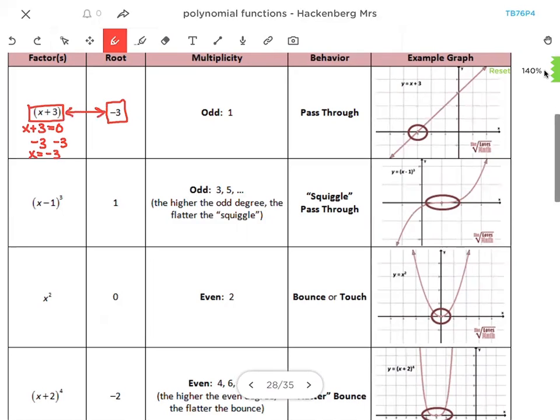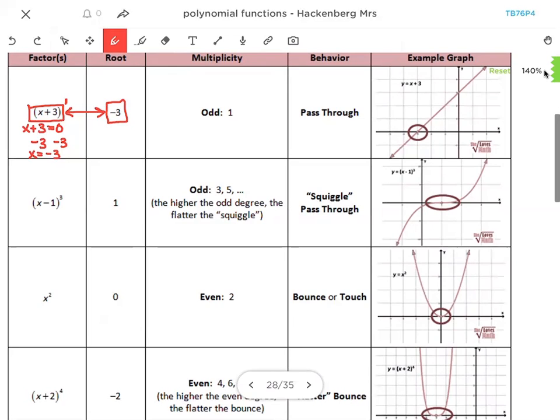So that root has an exponent of 1, which tells me the multiplicity is odd, and so it is just going to cross the x-axis, or pass through it. It gives you an example over there to the right.